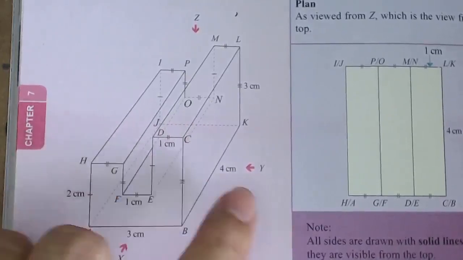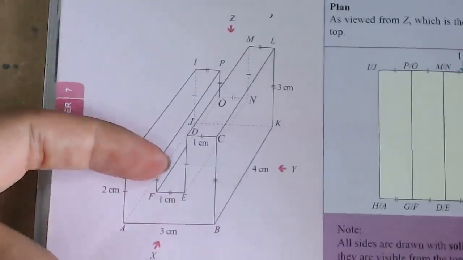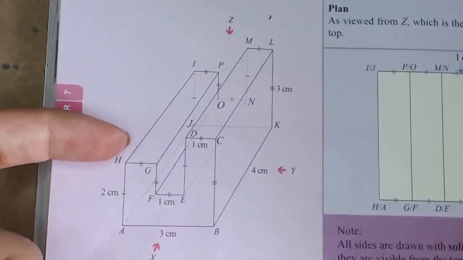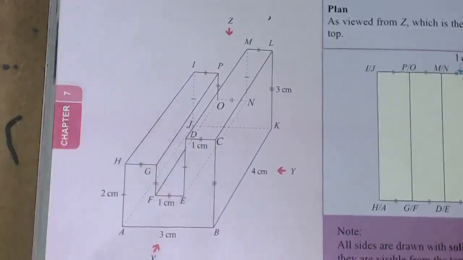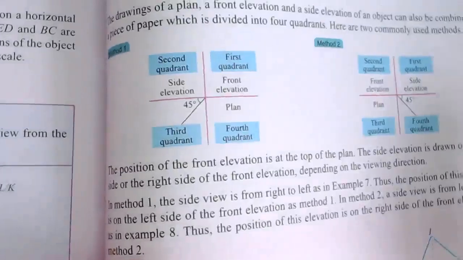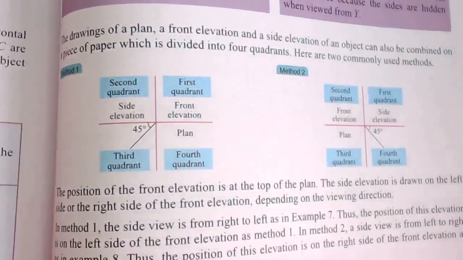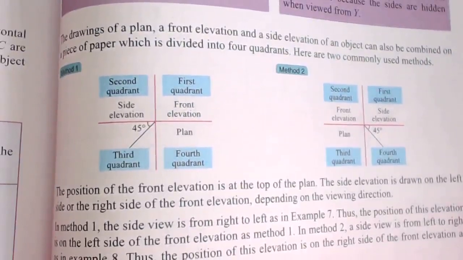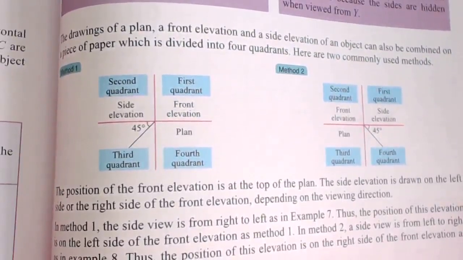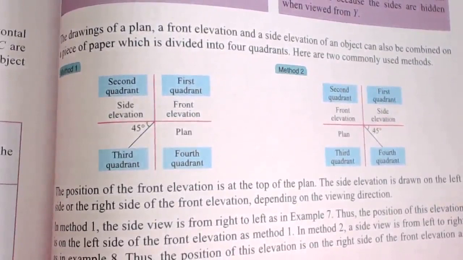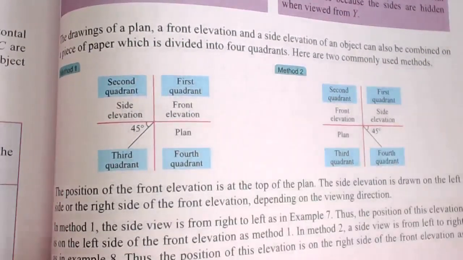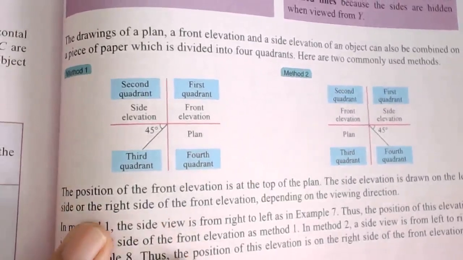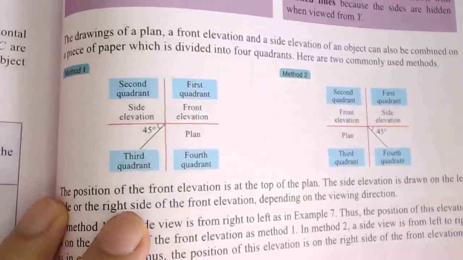So this is why sometimes they choose Y to be on this side, and vice versa. The idea is if we can show as many plans and elevations, as many sides as we can, it is better.